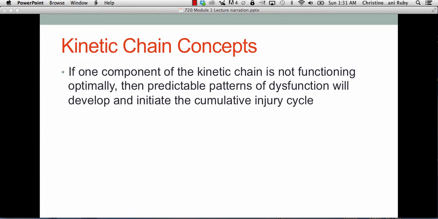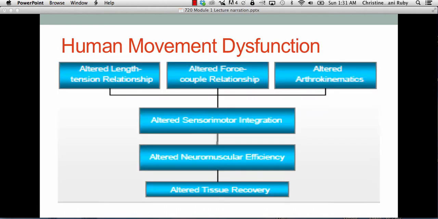So something as simple as a problem with the foot can actually affect the neck, or the thoracic spine, or the shoulder. So the kinetic chain is something really important to look at and to try to correct each component of it so that we don't see down the road an injury in another area of the body. When we look at human movement dysfunction, we see altered length-tension relationships, altered force-couple relationships, and altered arthrokinematics.